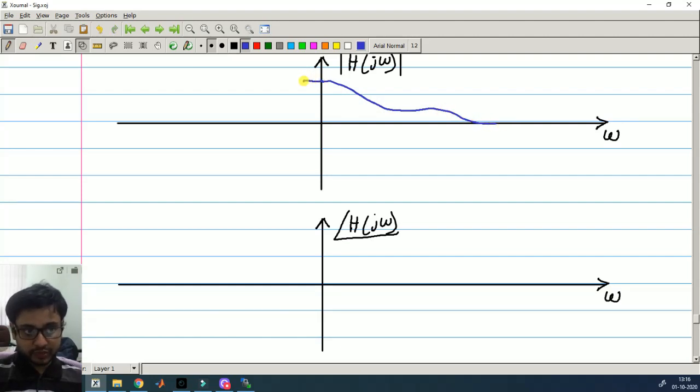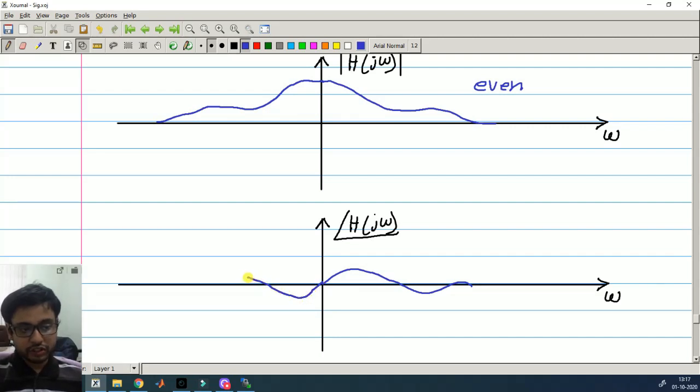However, it must be symmetric, it must be an even function, because this is the Fourier transform of some signal. So this is even in nature, and this may look maybe like this, and this must be an odd function, because again this is coming from the Fourier transform of a signal.